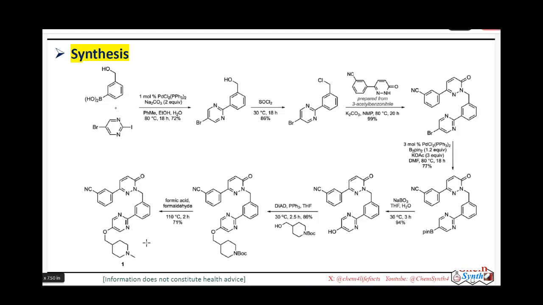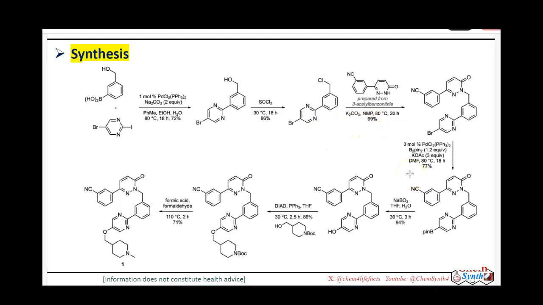So this is an overall 8-step process, and the overall yield of the final product was 27%. And there are a few drawbacks in this process, like they have used toluene solvent in this palladium catalyzed reaction, and here you can see NMP and DMF.